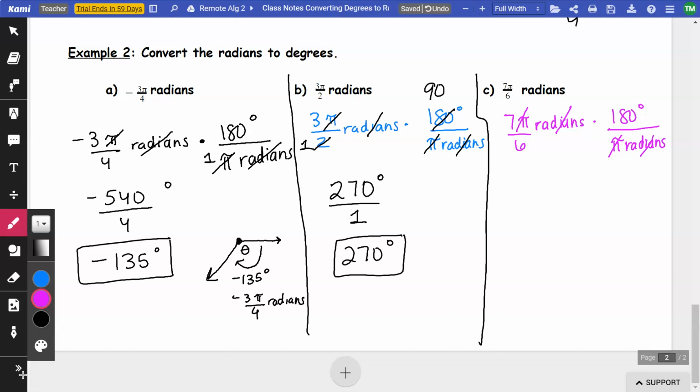I can reduce 180 by 6, so 6 divided by 6 is 1. 180 divided by 6 is 30. 7 times 30 would be 210 degrees, and then it'll just be over 1 because everything in the denominator canceled, so we don't need to worry about our denominator. So 210 degrees is our final answer.